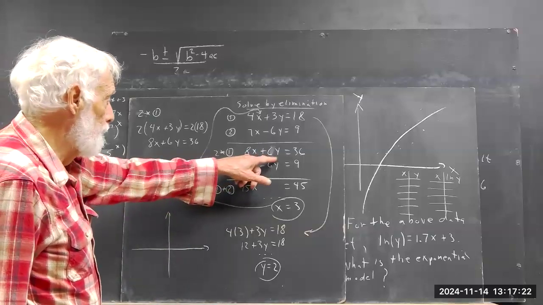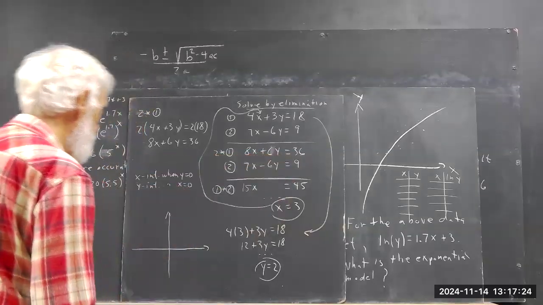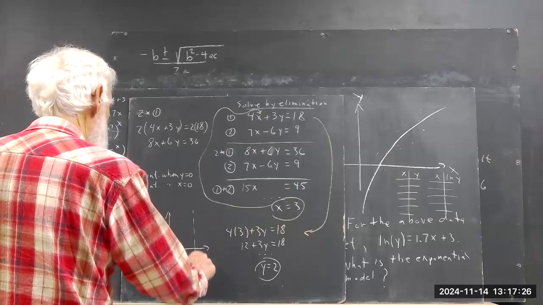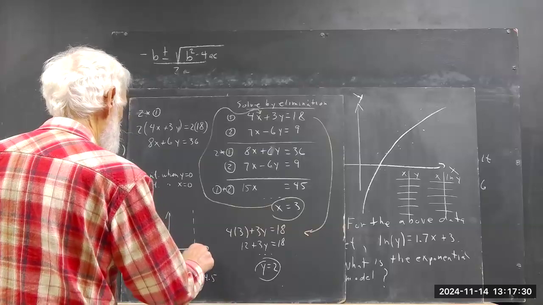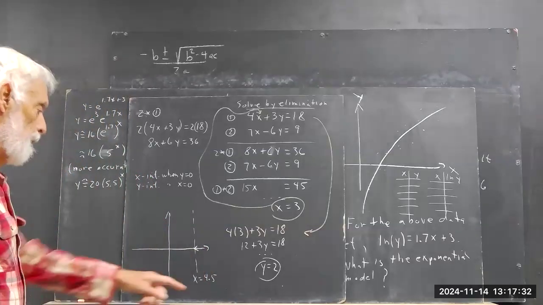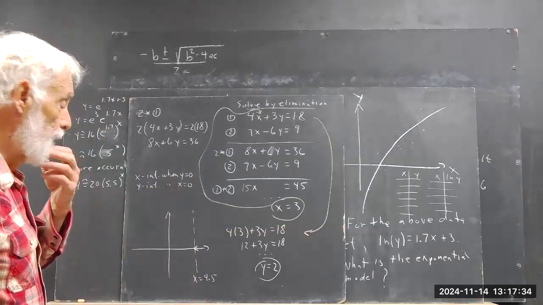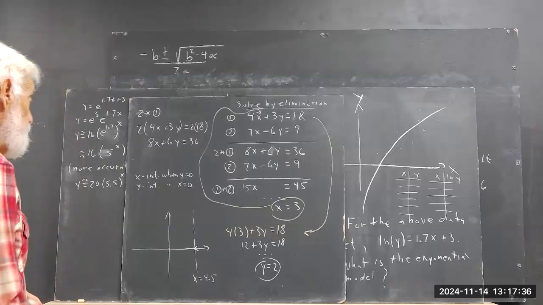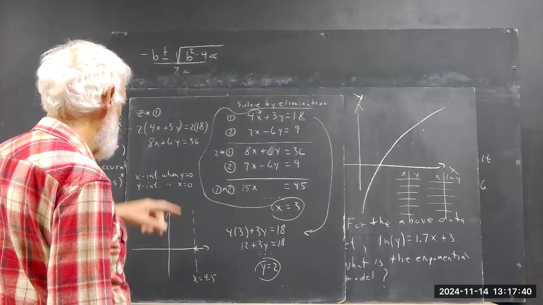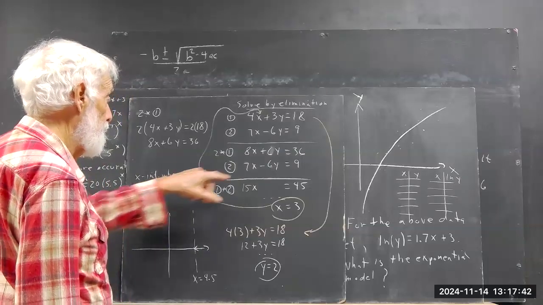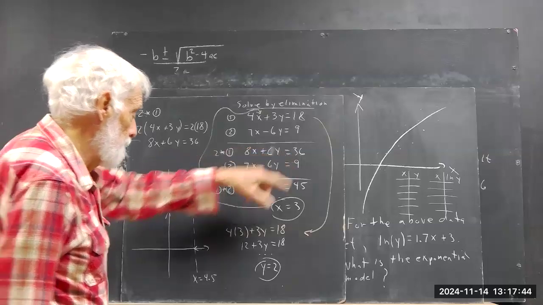So if y equals 0 here, we have 8x equals 36, which means the x-intercept is right here on the line where x equals 4.5. And if x equals 0, we're going to get 6y equals 36.